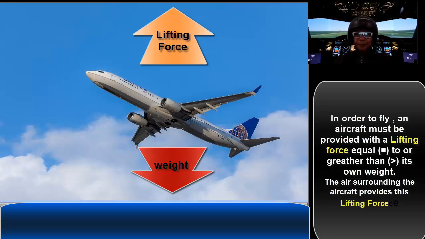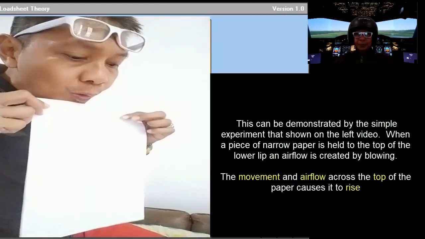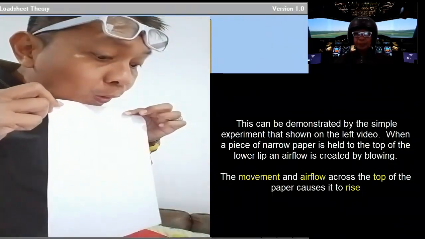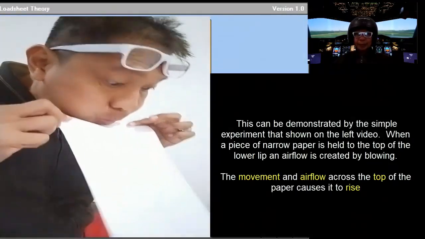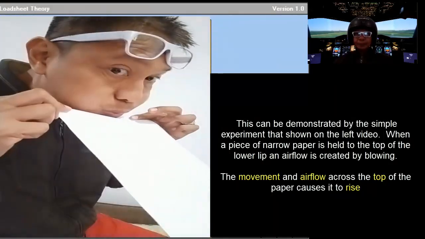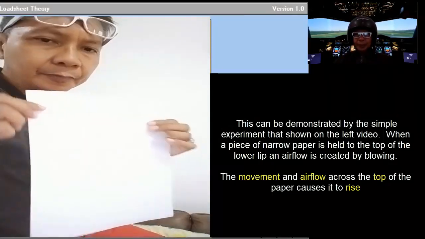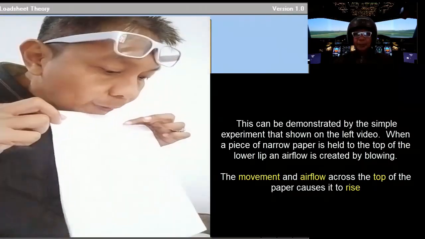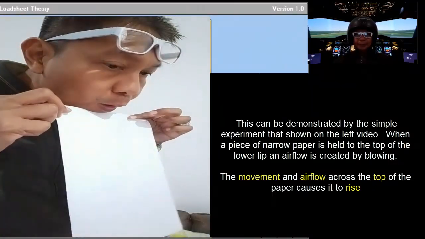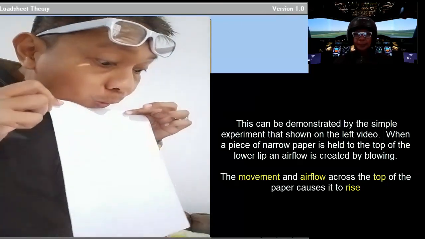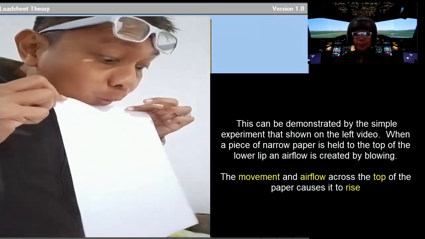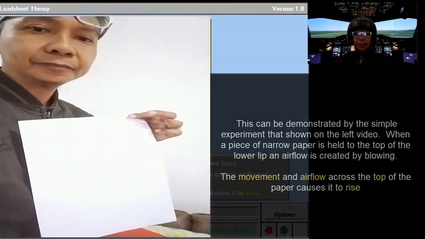Okay, so this is to demonstrate the simple experiment shown here. A piece of narrow paper is held to the top of the lower lip, you can see, and an airflow is created by blowing. The movement of airflow across the top of the paper causes it to rise.